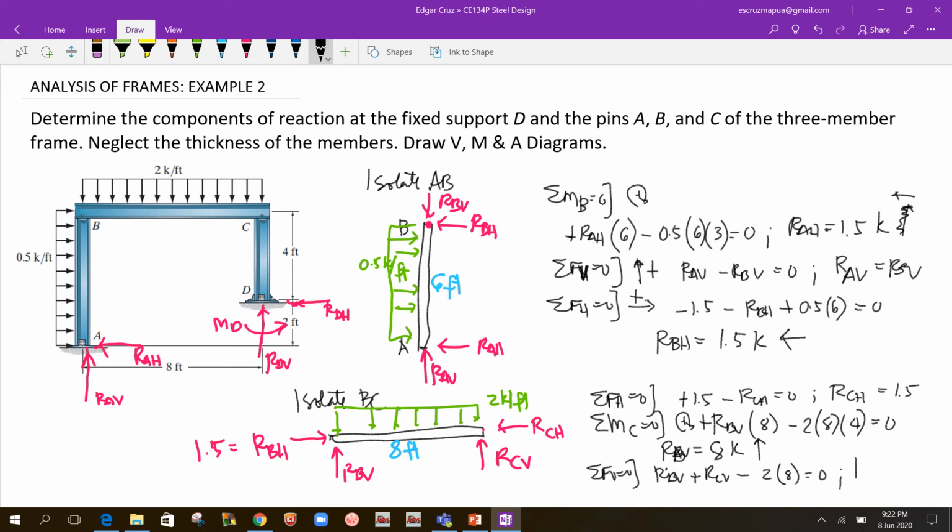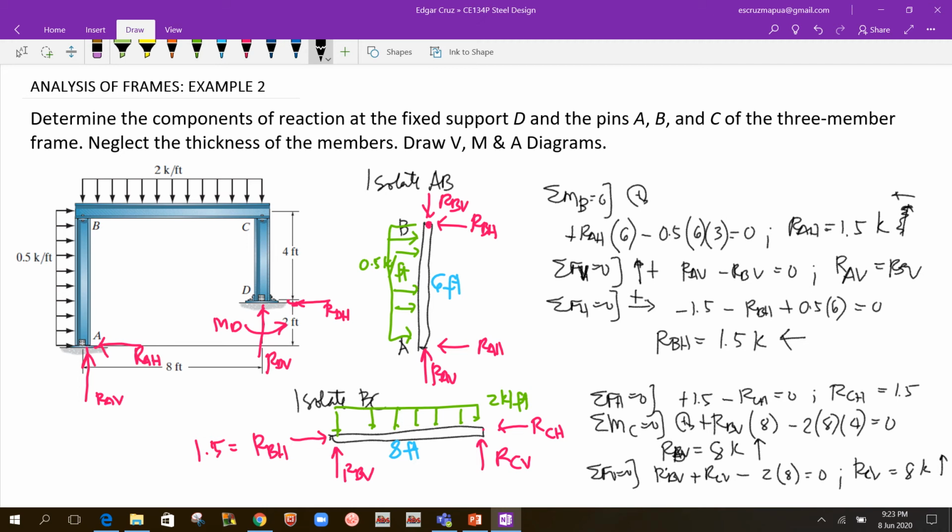RCV is equal to 8 times 2 minus RBV, which is 8. So actually it's also 8. Okay, so 8 kips and that is upward.